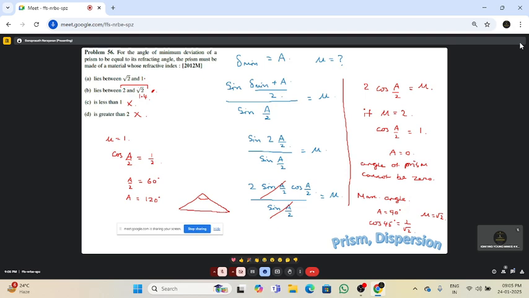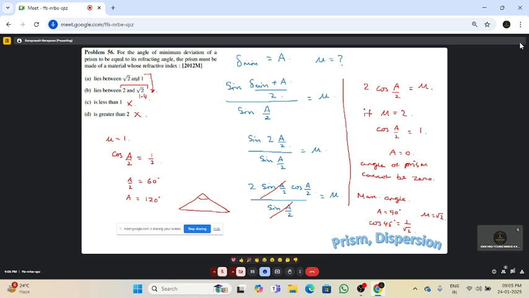So this also looks correct to me. Okay, I will double check this. To me it looks like this is also possible.